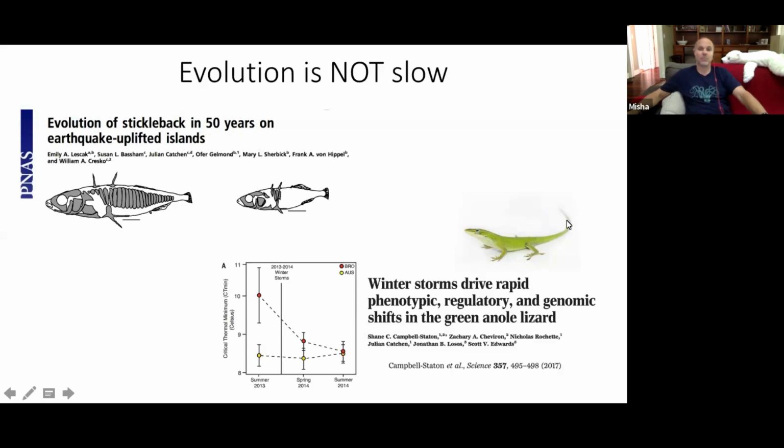And some examples are even more incredible, such that these green anole populations in Texas evolve higher cold tolerance just as a result of a single bad winter, which was having a lot of winter storms. And so the population, which was just a year before, had not such a good cold tolerance, that they were all dying at about 10 degrees.